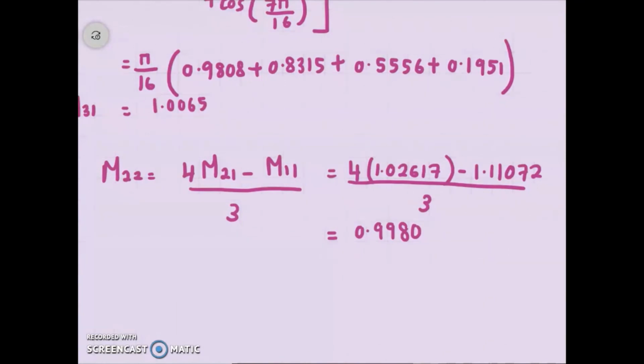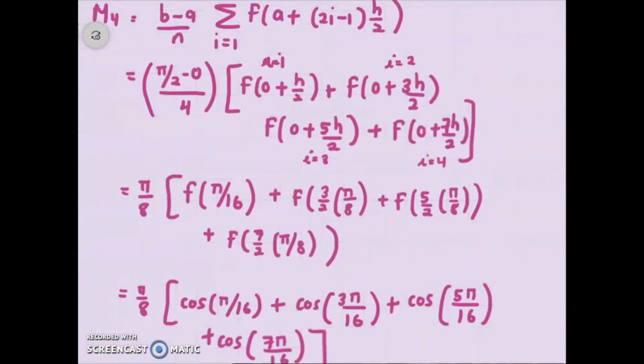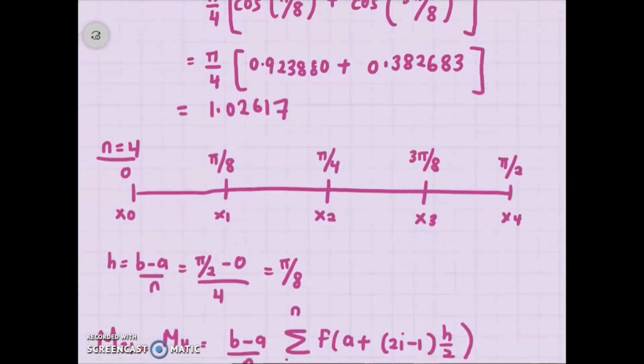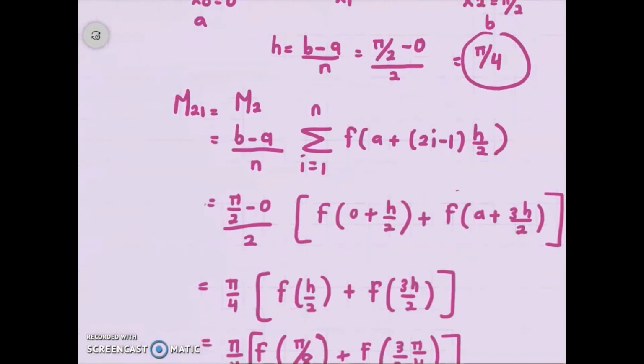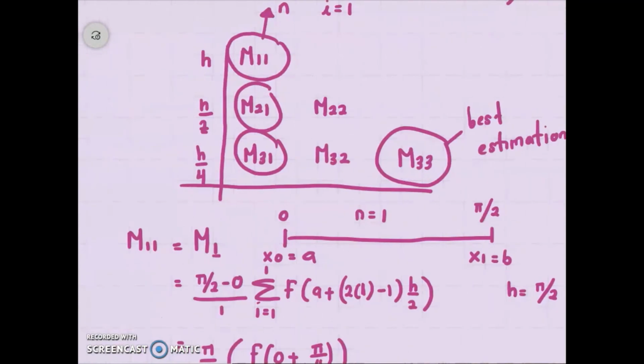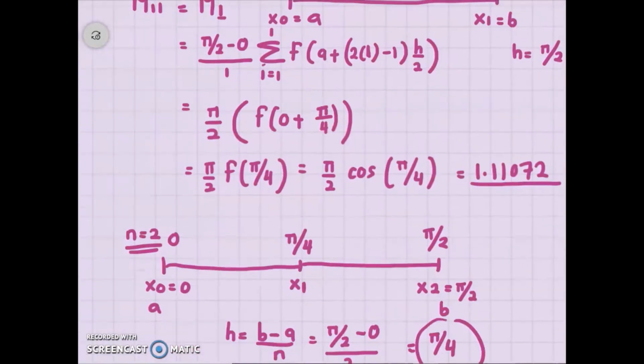Now we've got to find M32. M32 is obtained by 4 times M31 minus M21, divided by 3. Let's look at the extrapolation table that we created to confirm that's what we are doing. M32 is 4 times M31 minus M21 divided by 3.